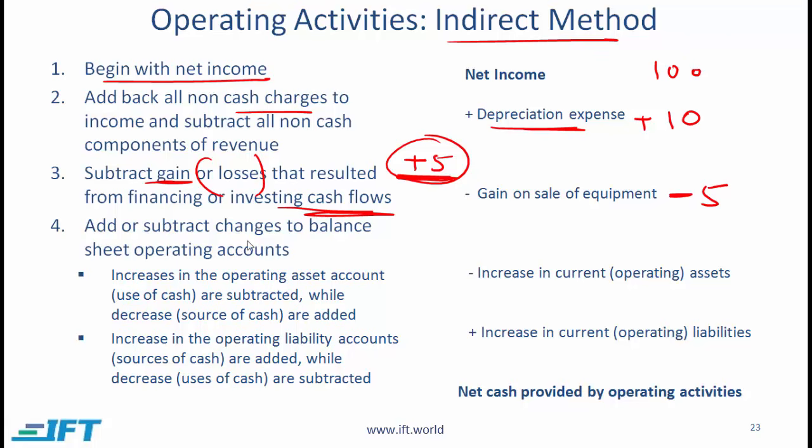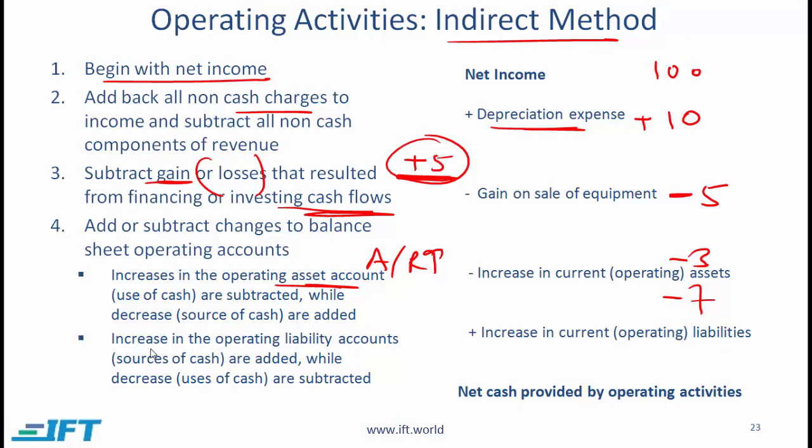Then you add or subtract changes to balance sheet operating accounts. And we have discussed this before. Any increases in operating asset accounts, such as accounts receivable going up, is a use of cash. So that would be a minus. So if accounts receivable is going up by 3, then we would subtract 3. If inventory has gone up by 7, then we would subtract 7.